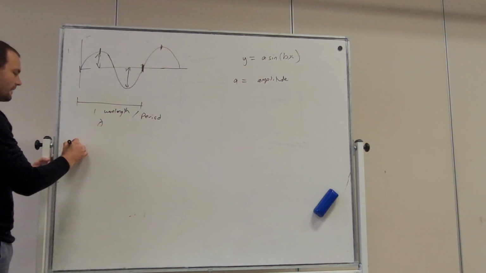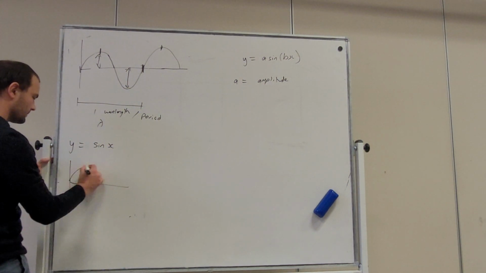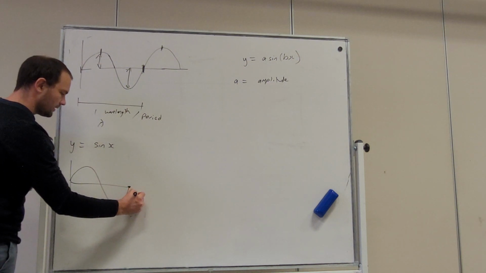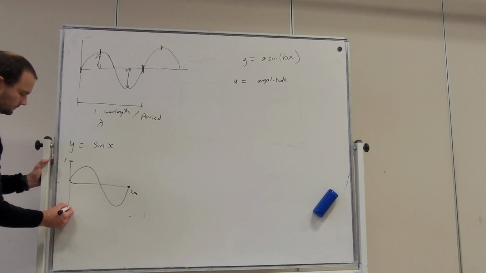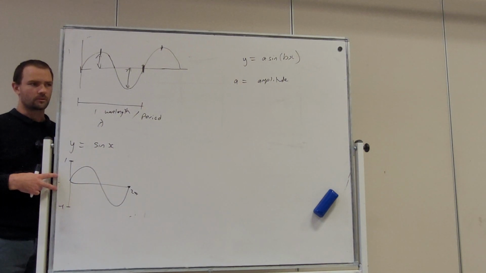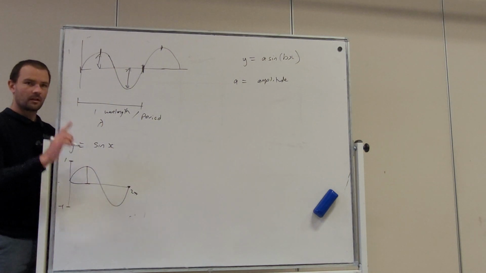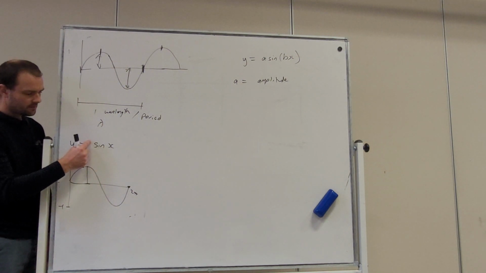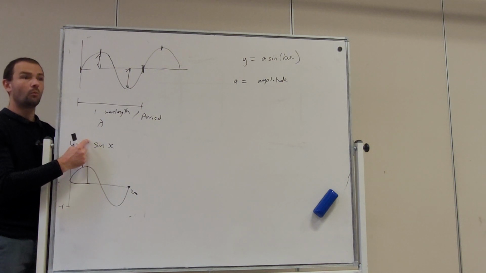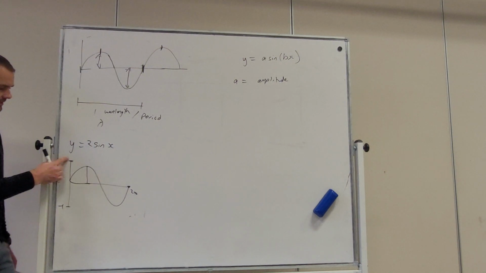So if I graph the function y equals sine of x from 0 to 2 pi, here's 2 pi, this is what it looks like. Who can tell me what's the amplitude of this function? What's the distance from the principal axis to a peak? It's 1, isn't it? How can we confirm that? What's the number out the front here? 1, very good.